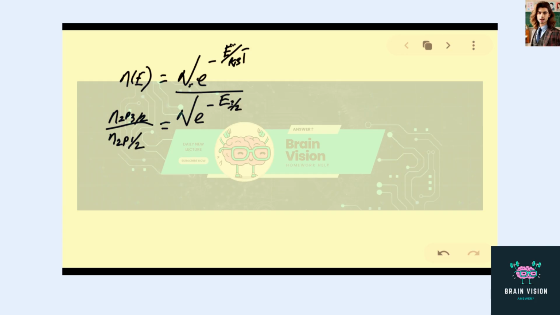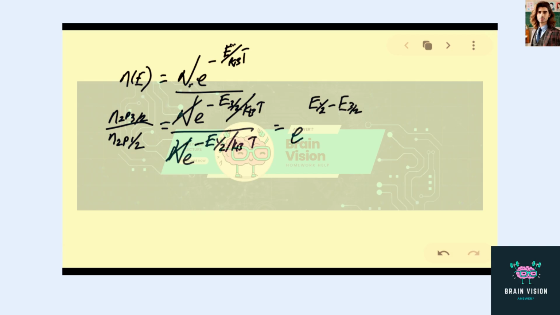I'm just going to call this 3 over 2, because it's 2p 3/2, divided by kBT. The total population cancels out, and what we get is just e to the power of E half minus E 3/2, divided by kBT.